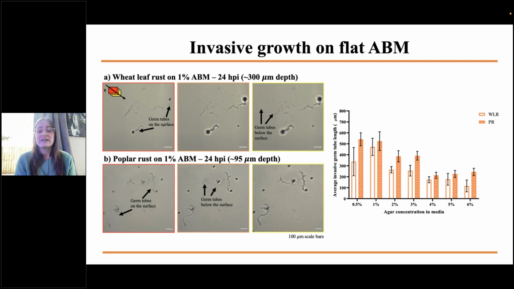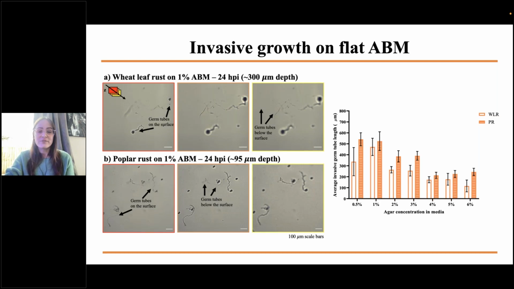We did see a tendency for more invasive growth on those lower agar concentrations. Again, it's possibly because they are less stiff, so it's actually easier to grow into them. With the wheatleaf rust, you can see that it did have a clear preference for that 1% agar, which was also the best one for just general growth as well.